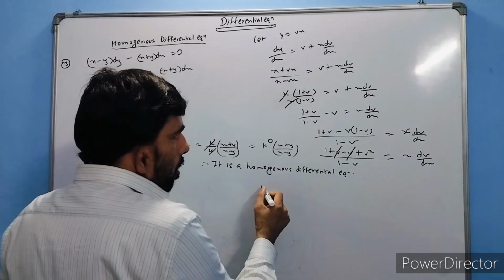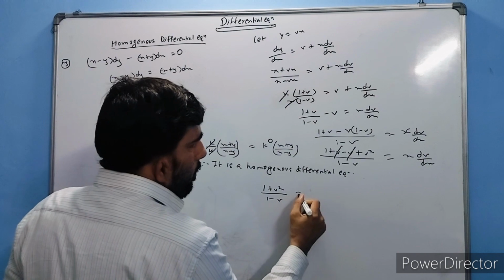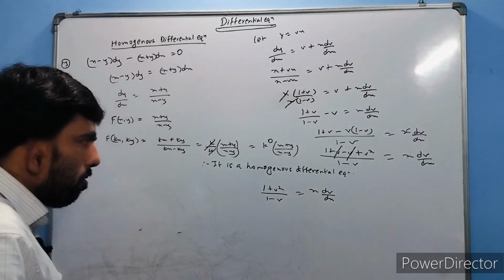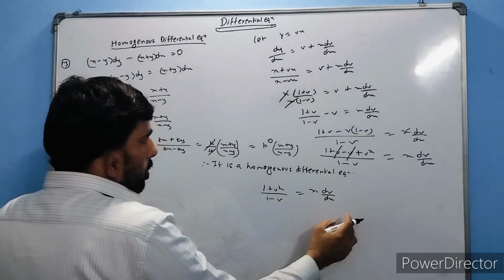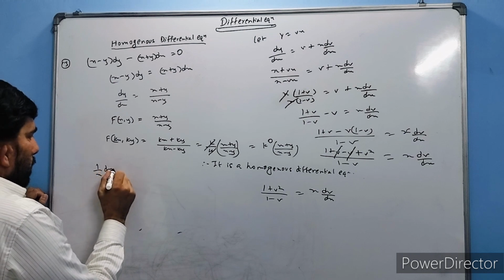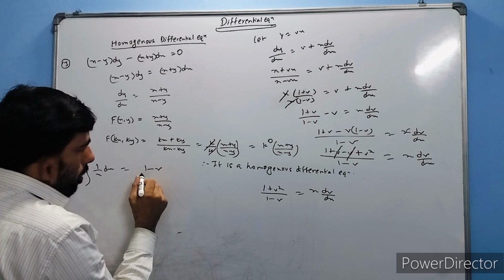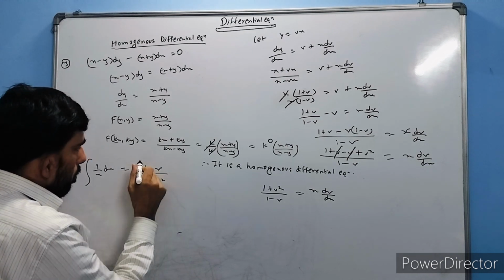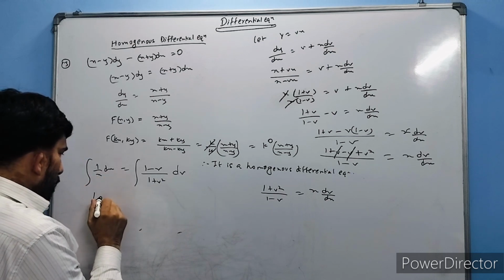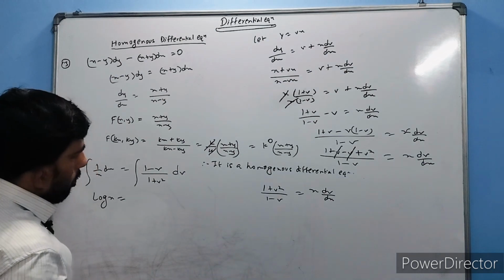Now here we can solve: 1 plus v square upon 1 minus v is equal to x dv upon dx. Now take this to that side. We have 1 upon x dx is equal to 1 minus v upon 1 plus v square dv. So now it will be log x is equal to, let us try to solve this.